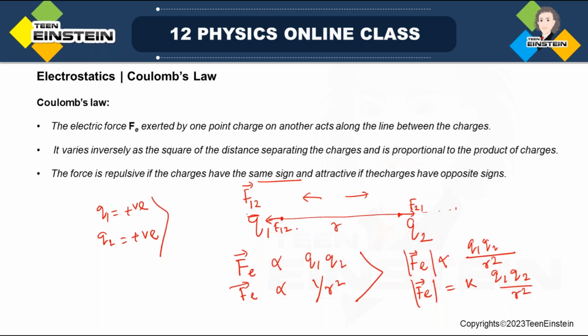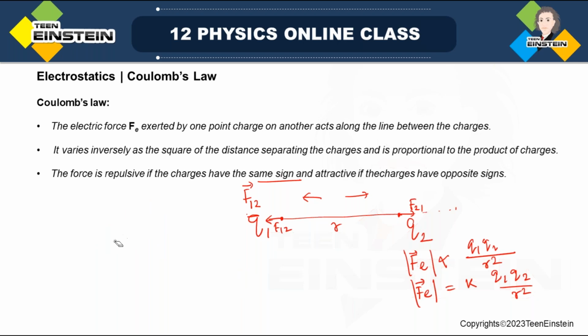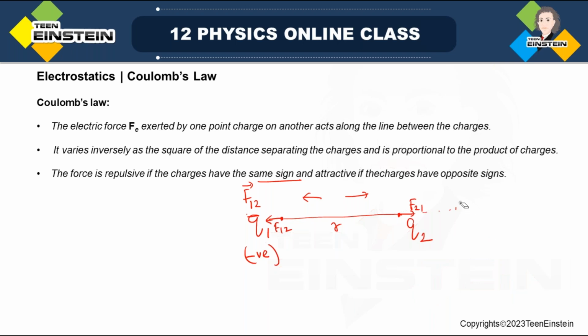Now, if the signs are different, the magnitude will be the same, but the directions will be different. In the case of attractive force, suppose Q1 is a negative charge and Q2 is positive. I'm not going to discuss the magnitude; let me first tell you the direction and vector form. What will be the direction of the forces?